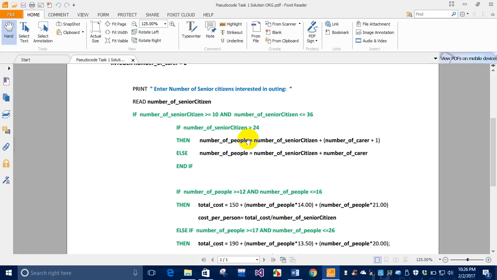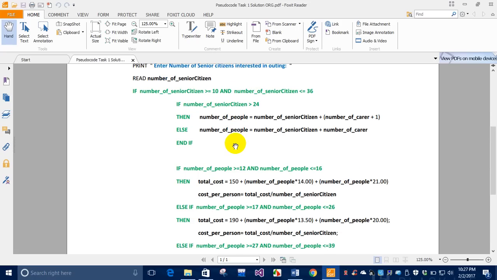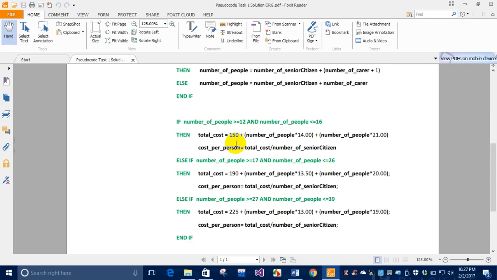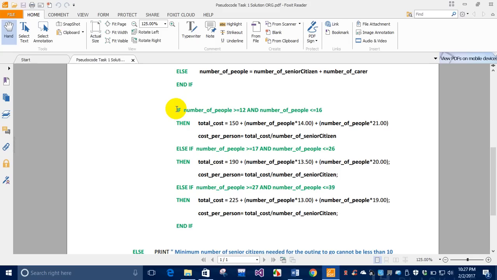The number of people is actually the combination of the number of senior citizens plus the number of carers, and the number of carers will be incremented if the number of senior citizens is greater than 24. When I'm done with the number of people, I'll move to the next part of this pseudocode.